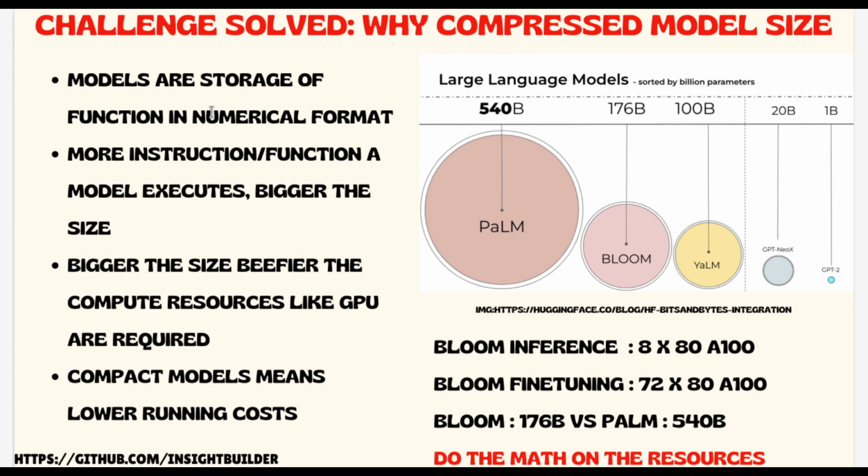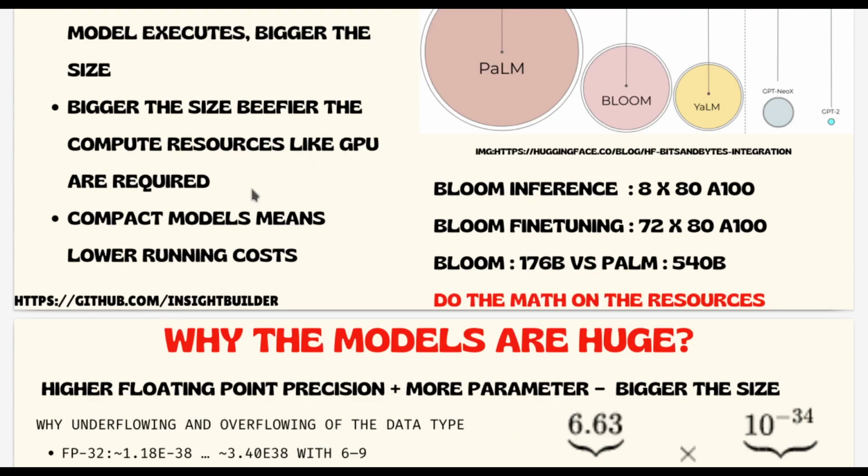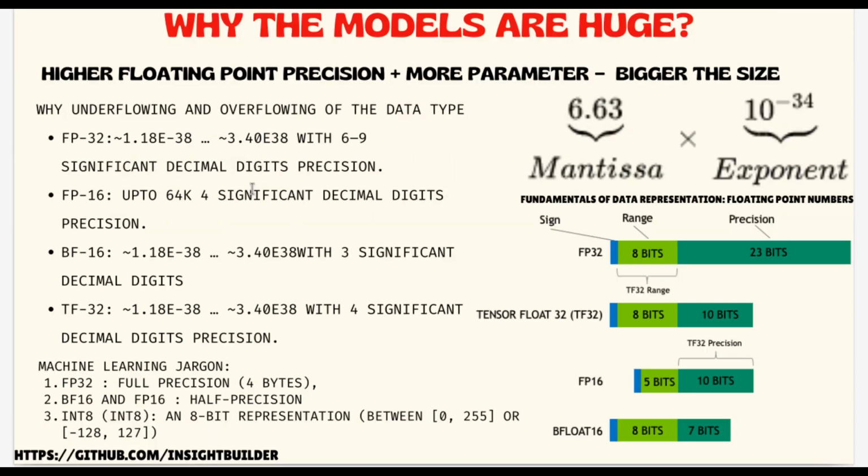In order to compress the model, the process that we are going to use is called quantization. To understand what quantization is, we have to understand a bit about the data types. I'm not going to delve really deep into this.